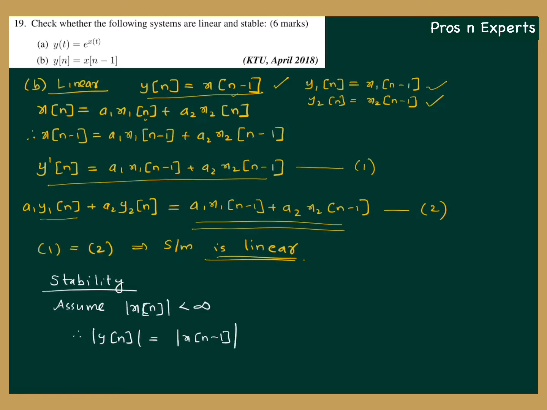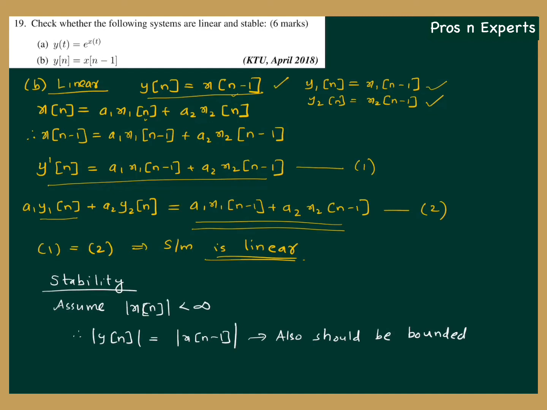What is the nature of mod of x of n minus 1? Provided x of n is bounded, mod of x of n minus 1 also should be bounded, right? Because what is the difference between x of n and x of n minus 1? X of n minus 1 is just a 1 unit delayed version of x of n.